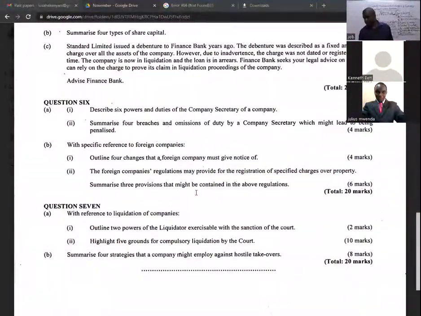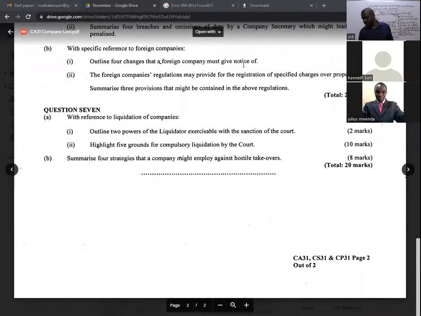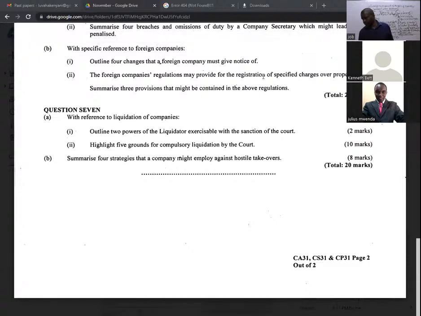I hope you can see it. It says, summarize 4 strategies that a company might employ against hostile takeovers.